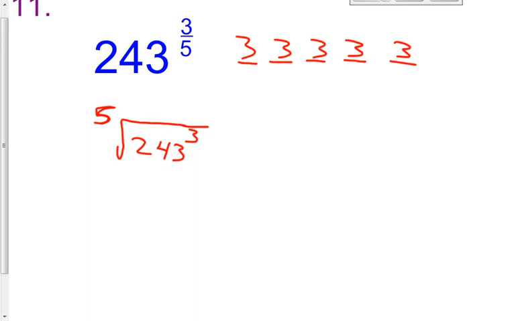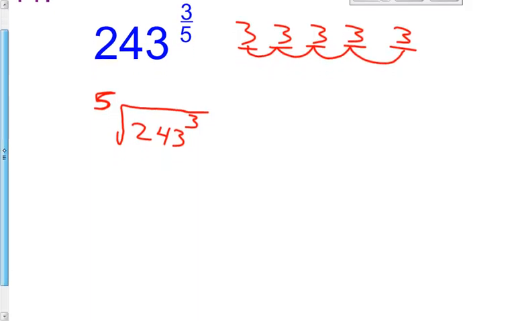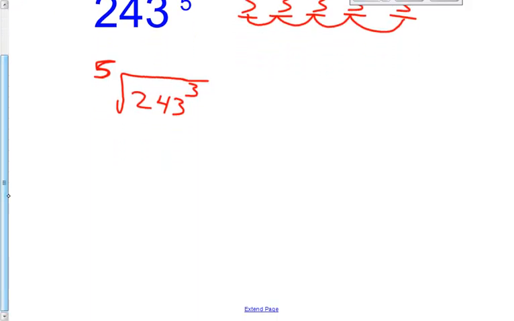3 times 3 is 9. 9 times 3 is 27. 27 times 3 is 81. 81 times 3 is 243. So the 5th root of 243 is 3. Or another way you could look at this, the 5th root of 3 to the 5th, we said 3 to the 5th was 243, and it's this value, 243, raised to the 3rd power.